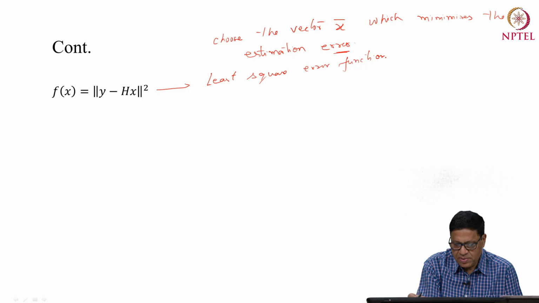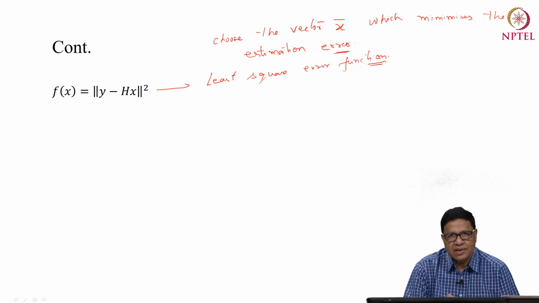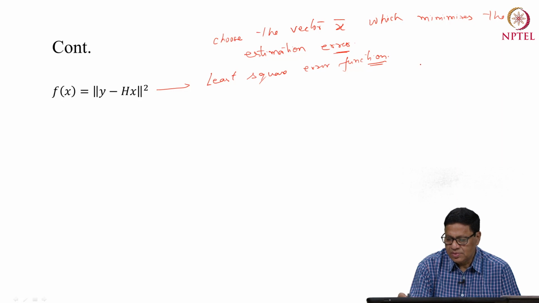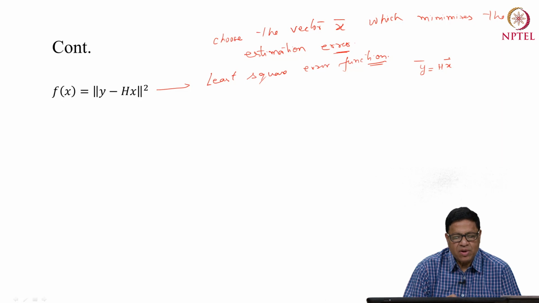So we want to minimize f(x), which is y minus Hx. As you know, y is equal to Hx, where H is a matrix. So we want to minimize this function f(x), y minus Hx. We need to choose a vector x which will minimize this estimation error.